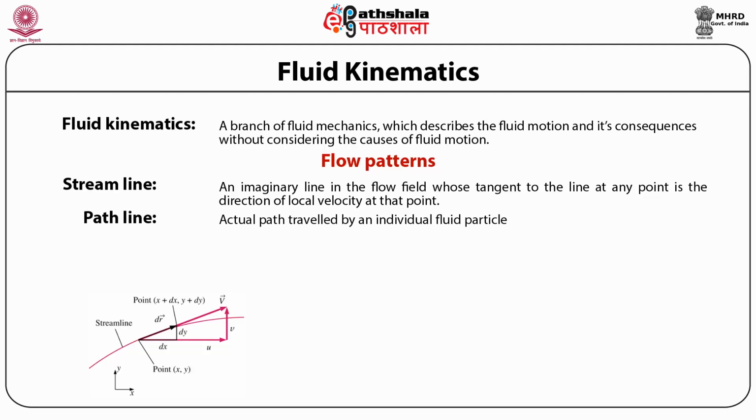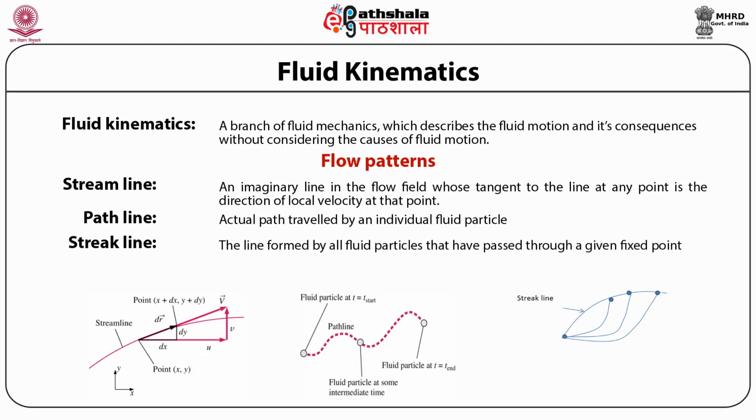The path line is the actual path traveled by a fluid particle at different instances. You can see it in the middle, that the path line is drawn. That means this is the actual path traveled by a particular fluid particle at different instances. Streak line is the line joined by particles which have traveled through a common point or locus.